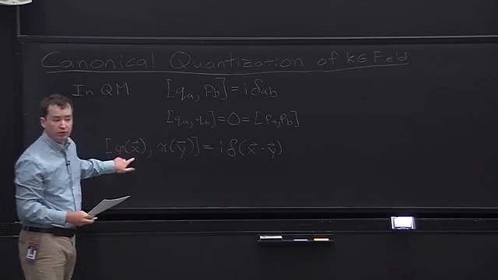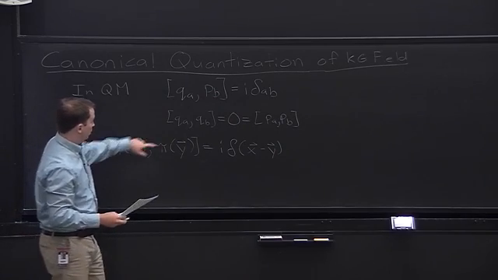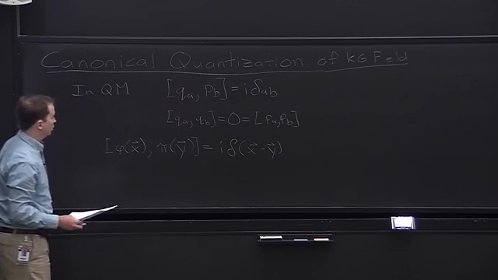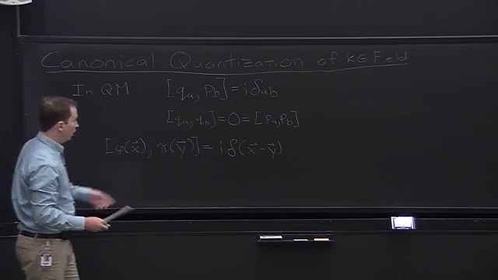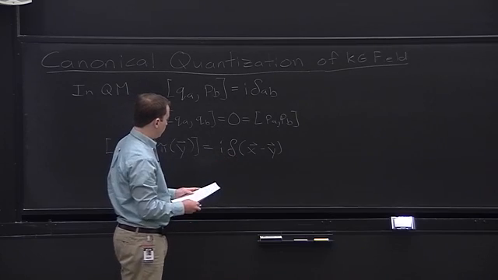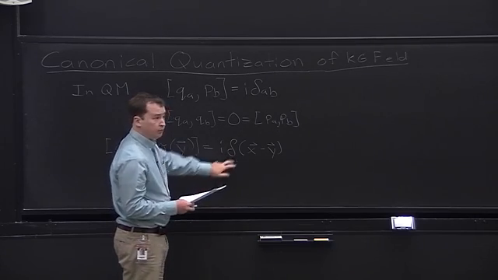So we're treating position like a label, just like these A's labeled the various positions in quantum mechanics. And the Kronecker delta becomes a delta function.